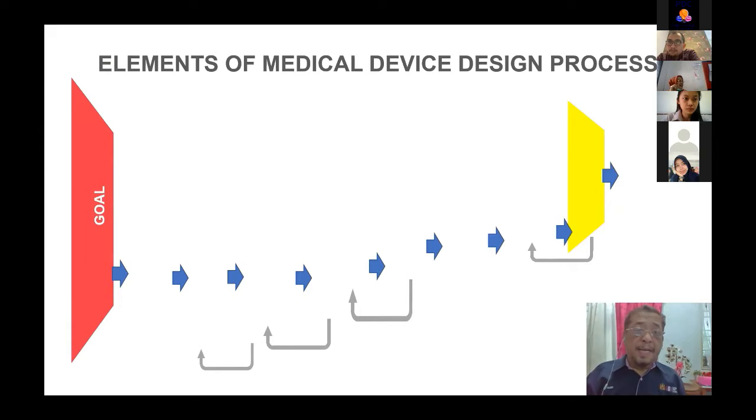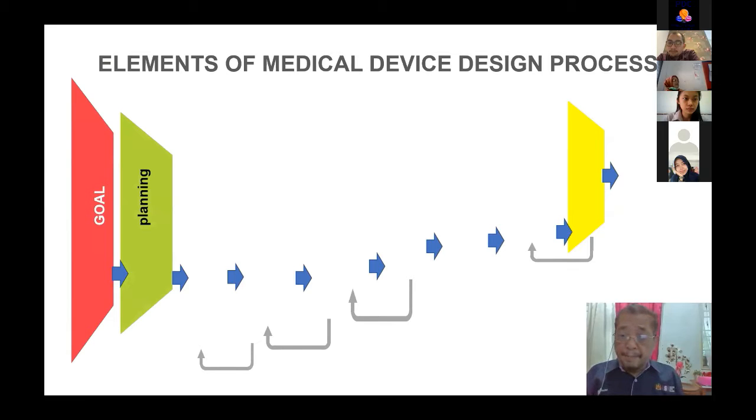The second step is to do some planning. Design needs planning, right? If not, it will go haywire and it will take a very, very long time to design a product.